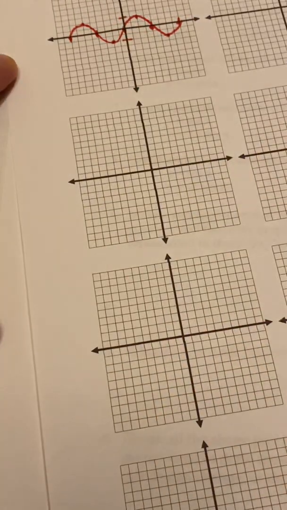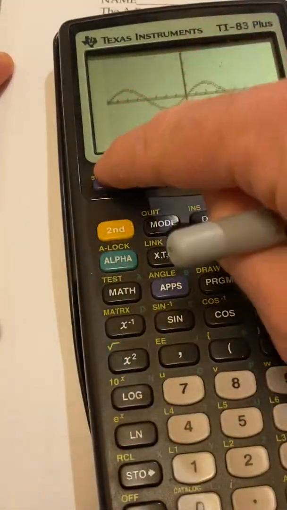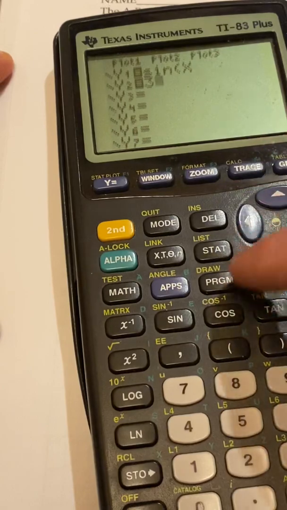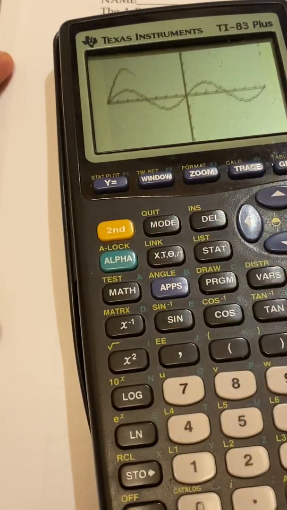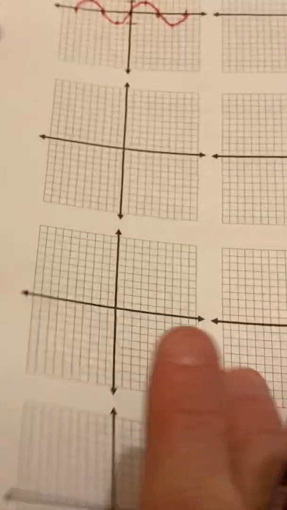Now if we go back and look at 3 sine x, I'm going to keep the same window there. When you graph, it's up to you, but I do think it helps to use a different color for the second graph.